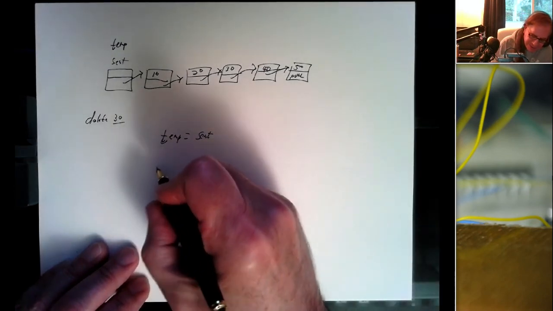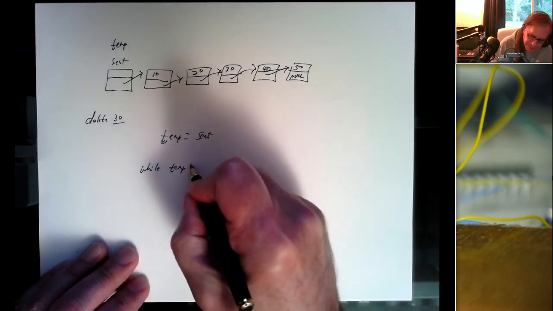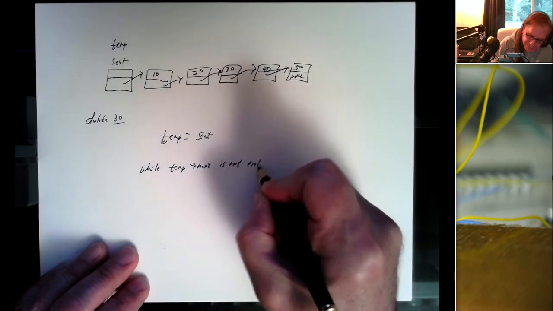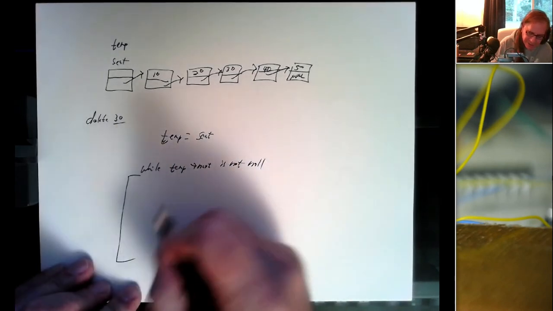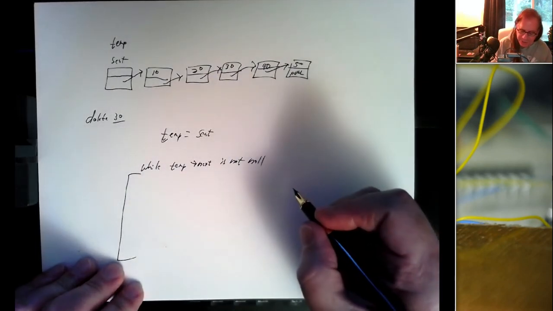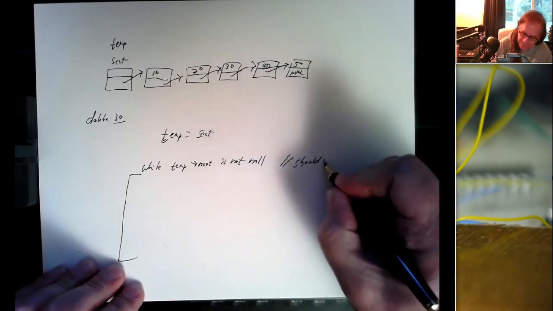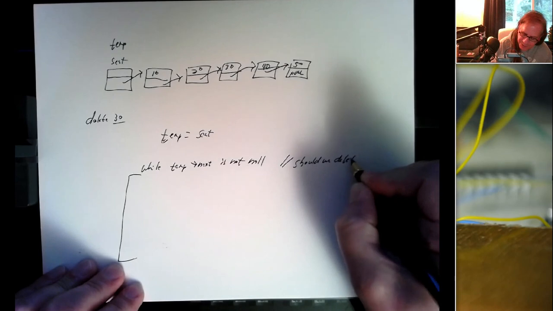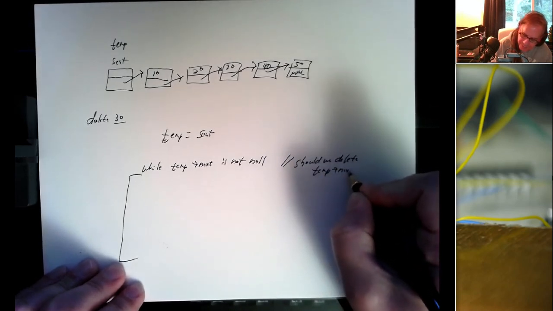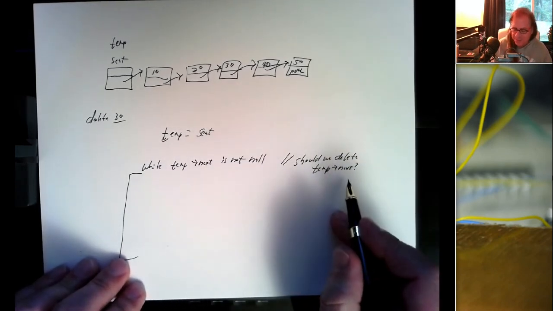and we could say, well, temp next is not null. So as long as our temporary pointer is pointing to another node, let's see if we should delete that next node. So should we delete temp next? Now we know temp next is not null, so we're safe examining temp next.